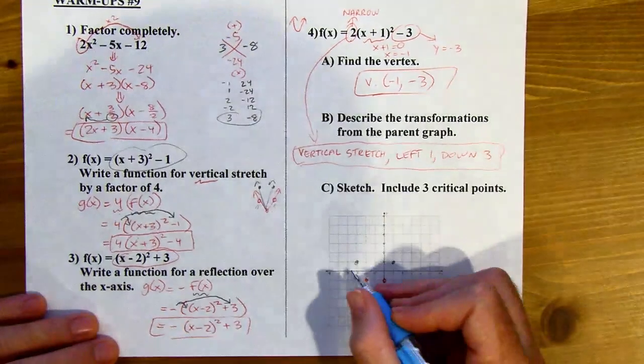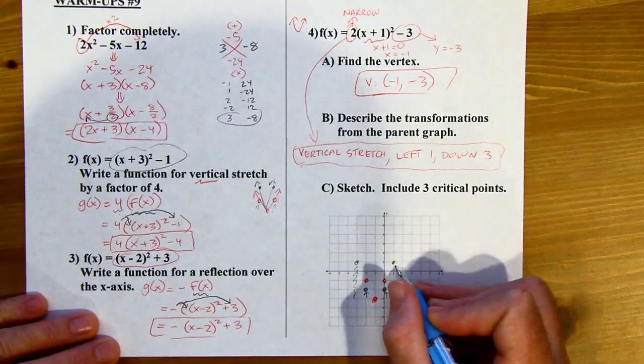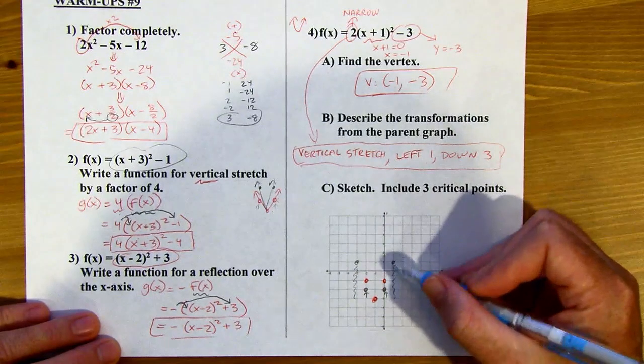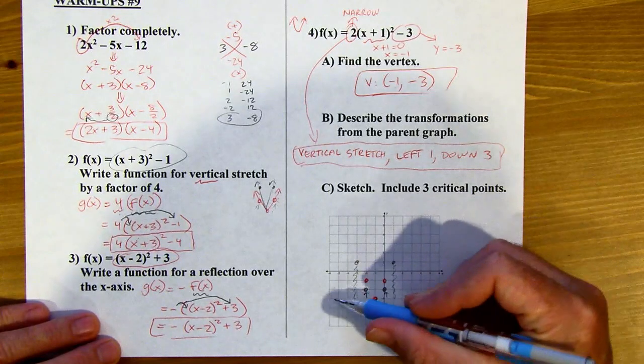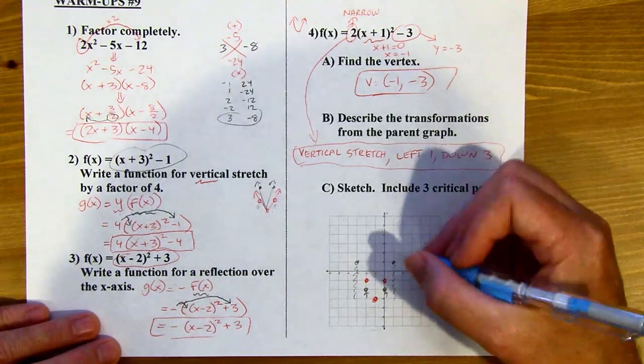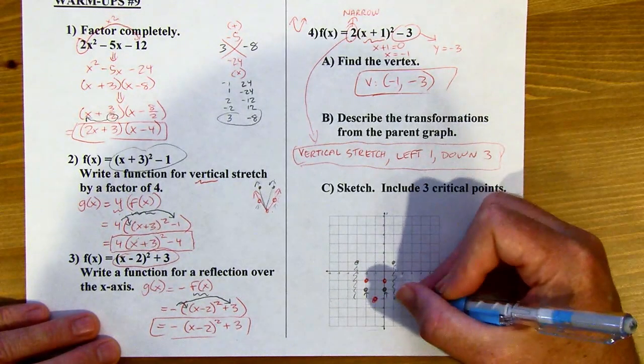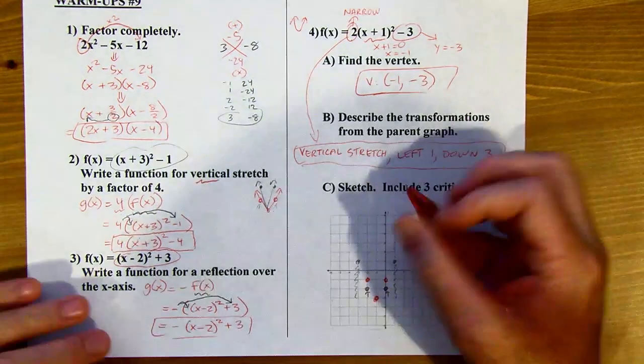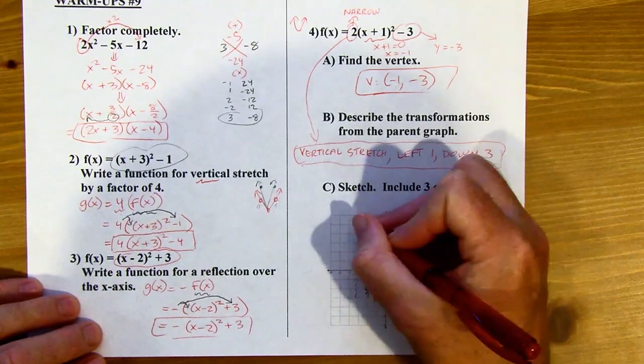And then looking at the next set of points, those are 4 units above the vertex, right? So I want to double that. So I want them 8 units above. So 4, and I want to go another 4. And that would put me here and here.